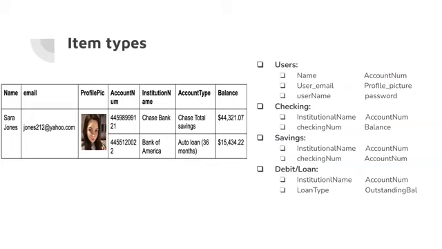And then the account numbers, and then the account type, we have Chase Total Savings, which is the account name, and then we have her auto loan, which is a 36 months payment loan, and then the balance on the account.